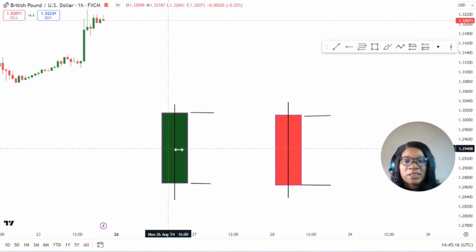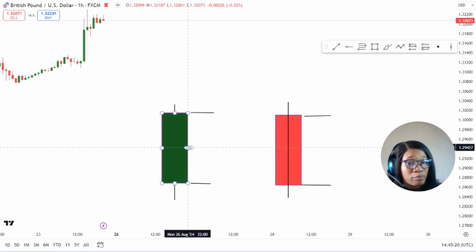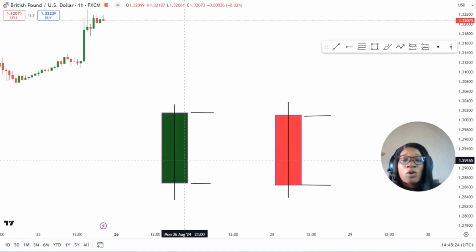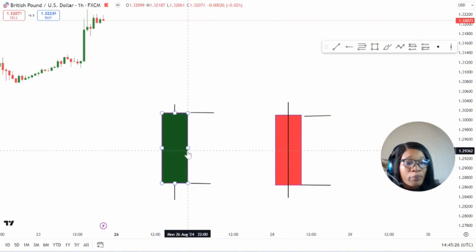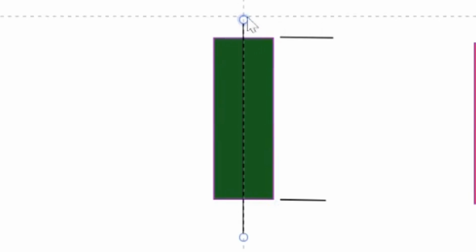For a bullish candlestick, again, like I said, I chose green as my bullish candlestick. Yours may be anything else. So there are four price points, like I said, that are very important when you look at a candlestick. Okay, the high, which is here, the low, the open and the close.